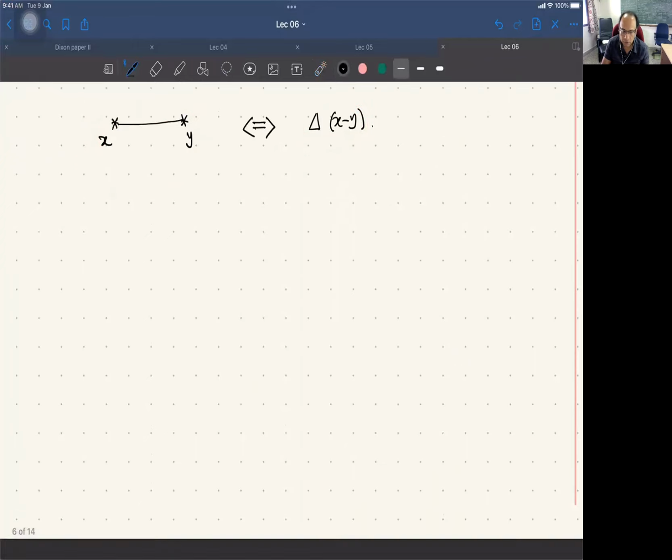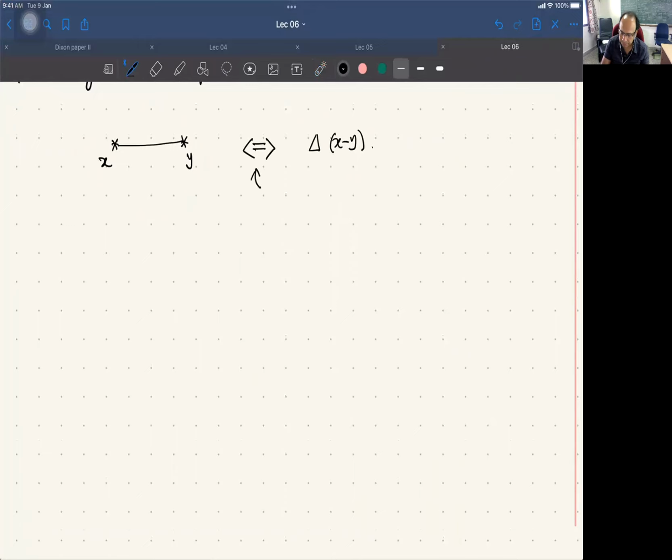So this is a rule to convert a diagram to a mathematical expression. And such a rule we will generically call a Feynman rule.